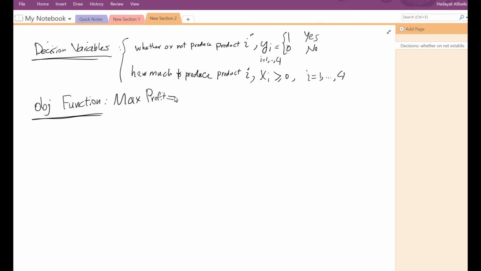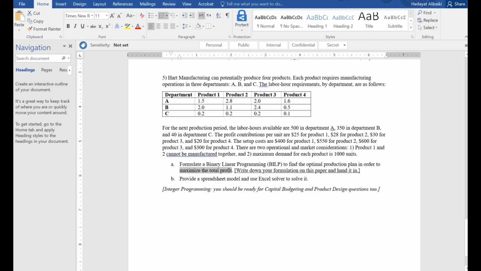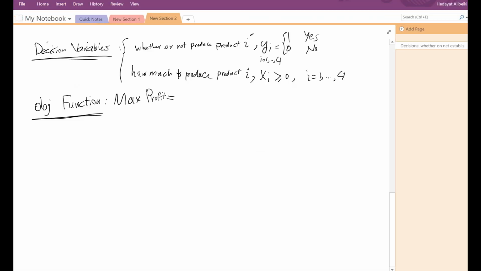It's equal to the profit margin of each product. If we go back to the question, the profit margins are 25, 28, 30, and 20 for each product. 25 for product 1. If we produce 1 unit of product 1, we get $25 profit.